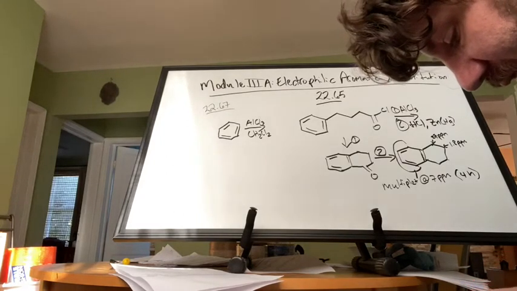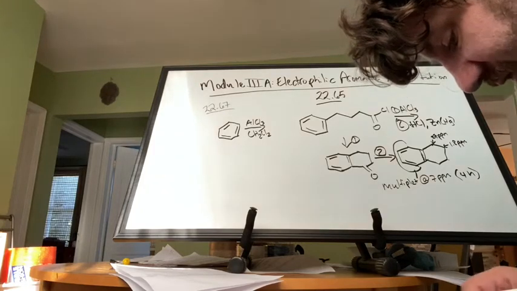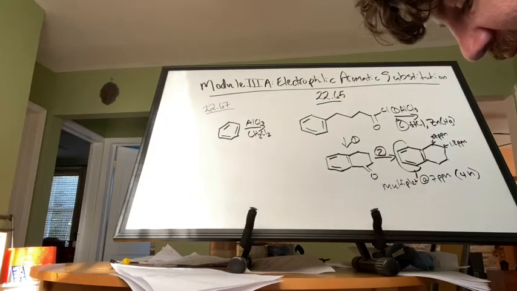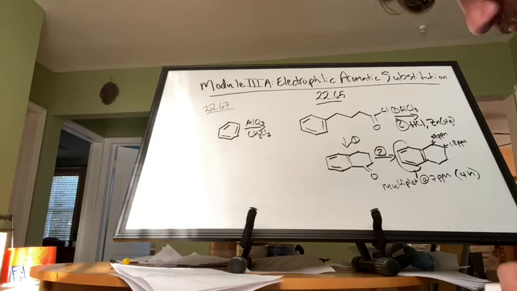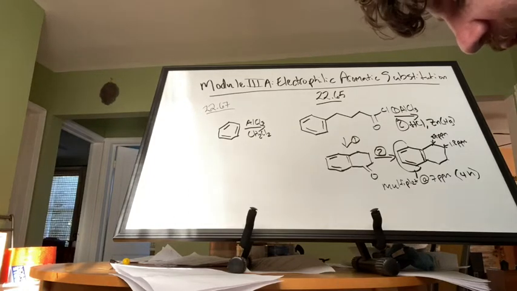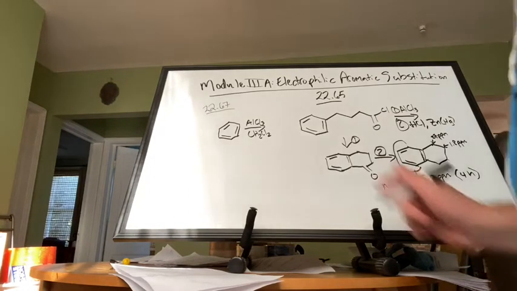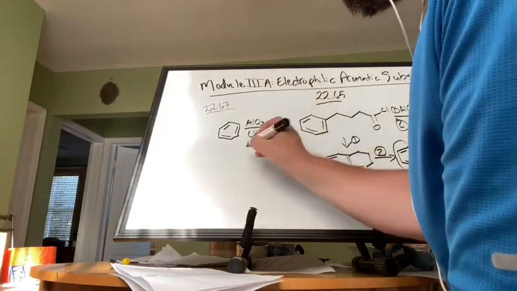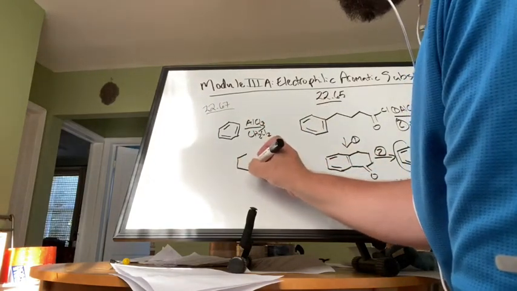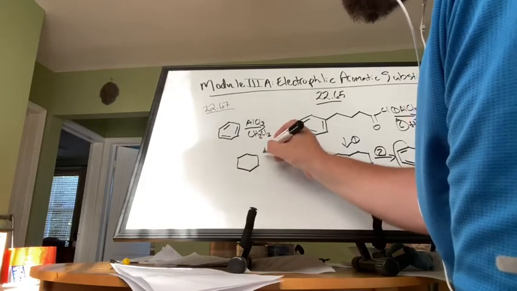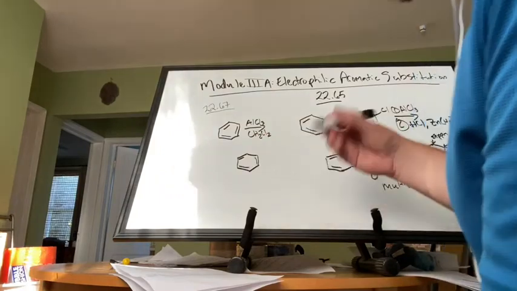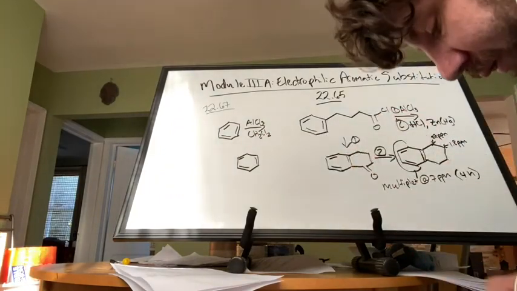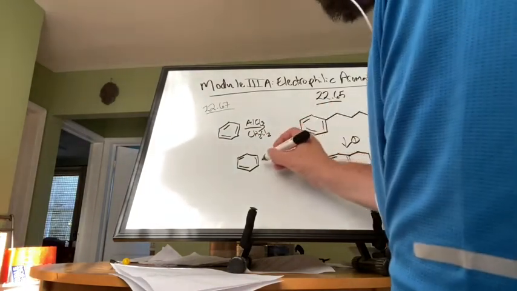But if you were to look at how much integration you have relative between the signal at roughly 4 ppm and that at about 7.2 ppm, notice how that's just kind of a mess and an overlap there. You are going to get 10 hydrogens to 2, or a 5 to 1 proportion.